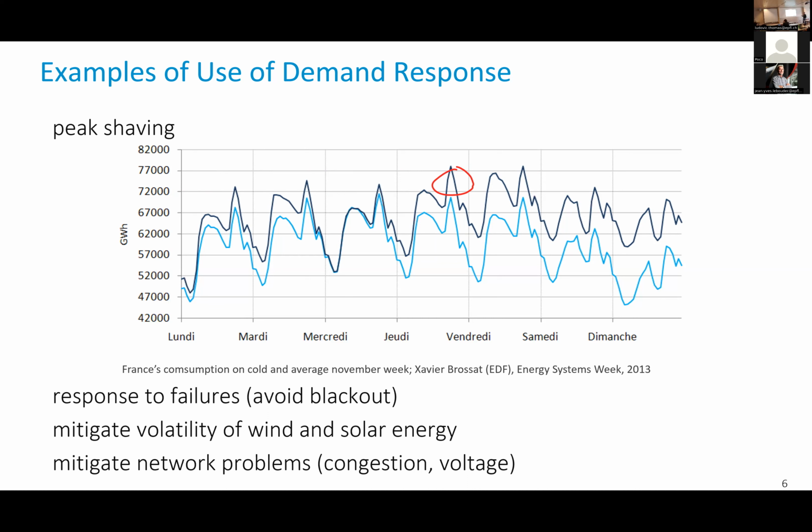So there will be some years where I never use it. And even if I use it, I will use it a few hours for a few days in the year, so I'm doing an investment that will not be very easy to amortize. So that's one of the motivations. If we could find a way to avoid this peak, we could dramatically reduce the cost of the grid here.